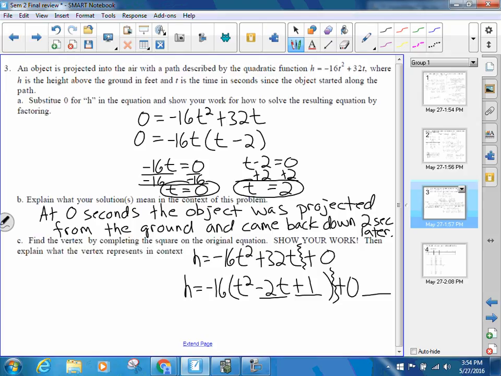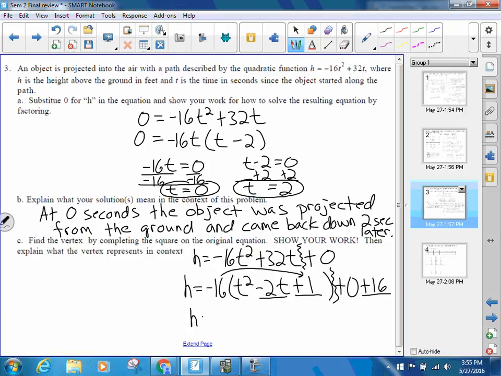Now, after the 0, I have to do the opposite of whatever I did in the parentheses. Okay, so that we don't change the value. So I didn't really add 1, I really added -16 times 1. And -16 times 1 is -16. So if I added -16 on that, I have to add +16 over here.